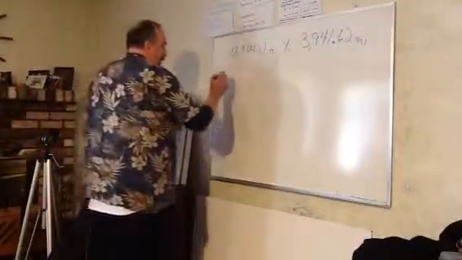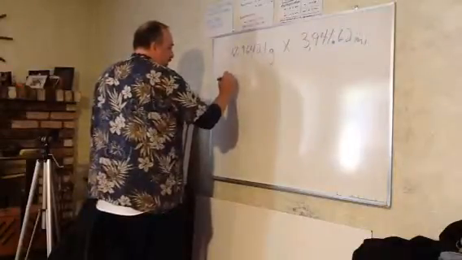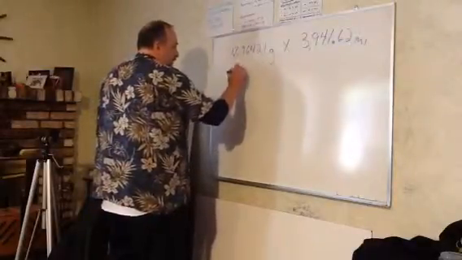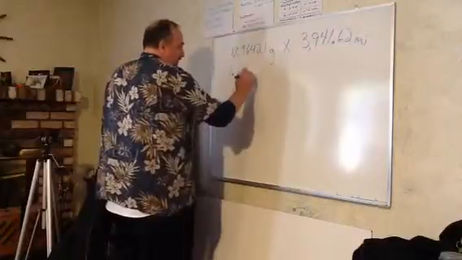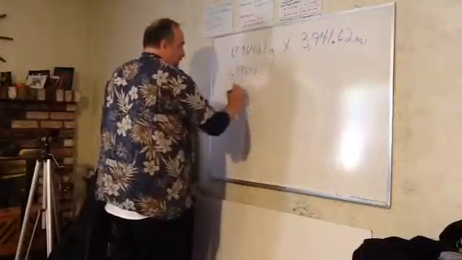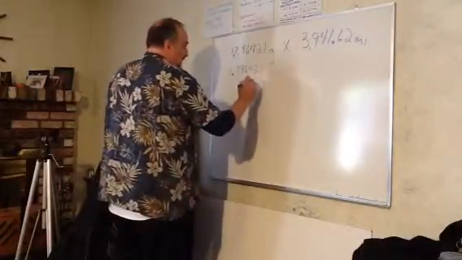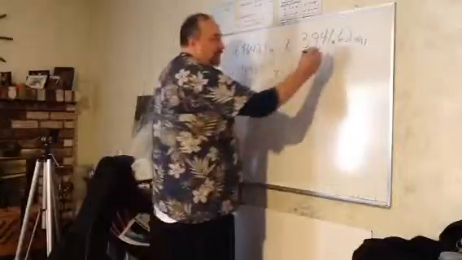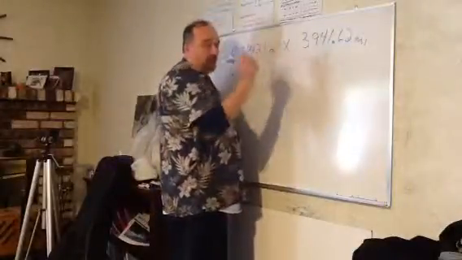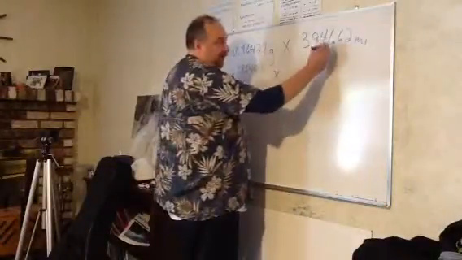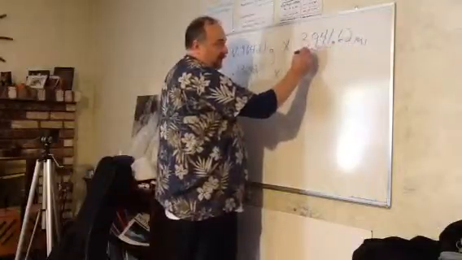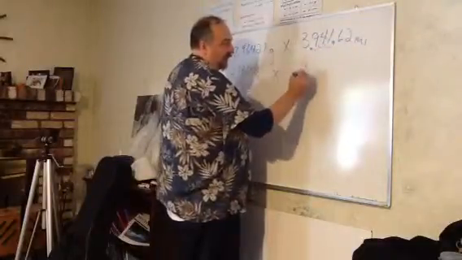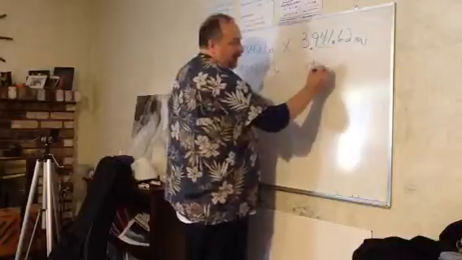I'm going to go 1.796421 times 10 to the first. All times, remember I said I just want one number to the left of the decimal point? I now go 3.941.